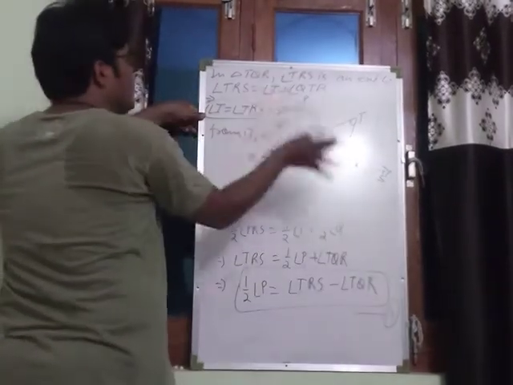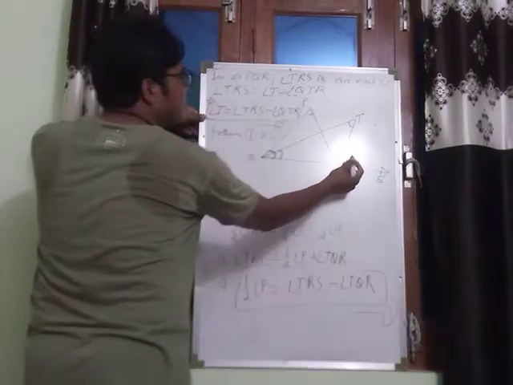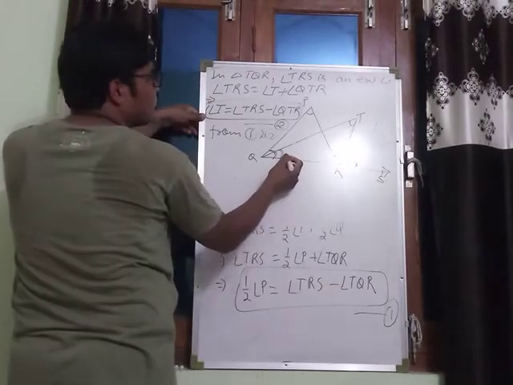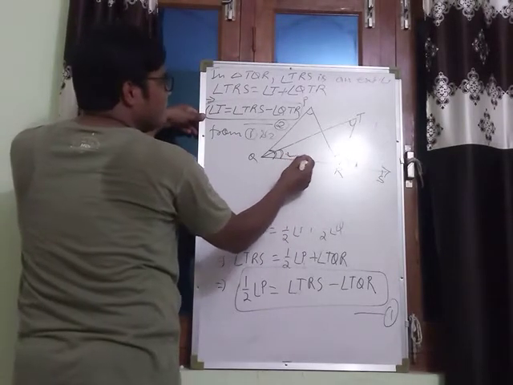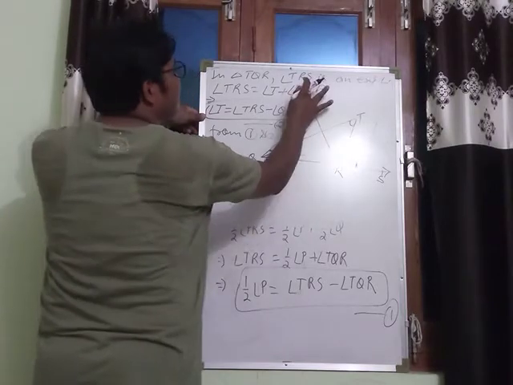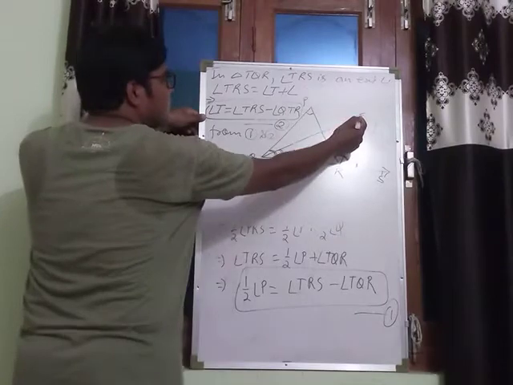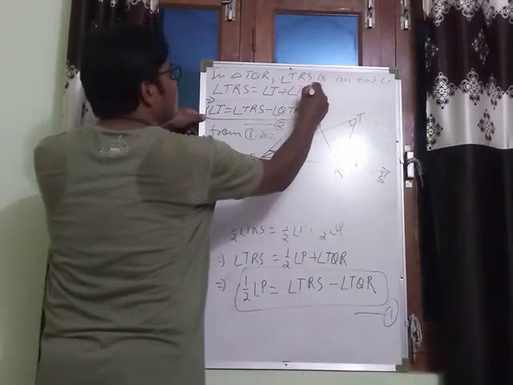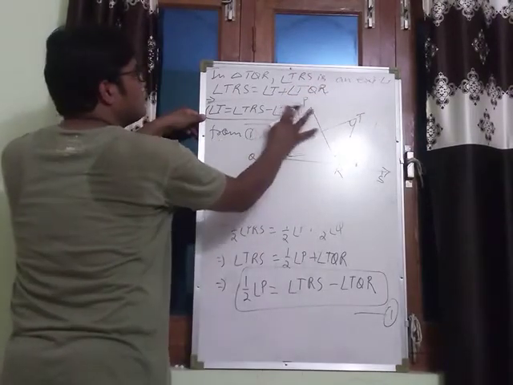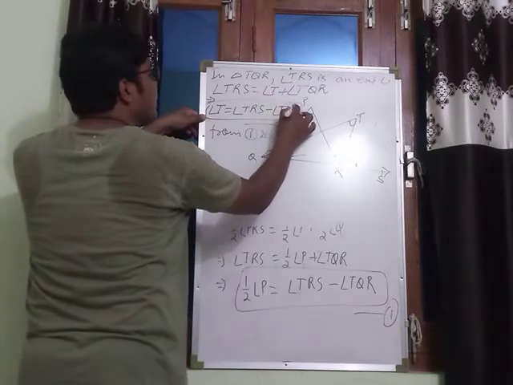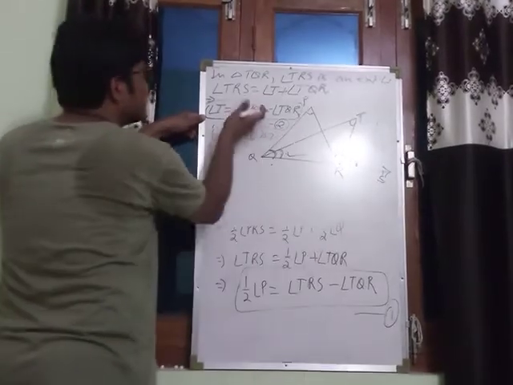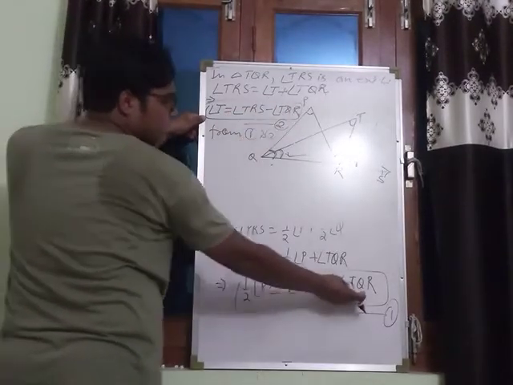Sorry, look at the blackboard. This angle is equal to this one plus this one, and this angle is TQR, and by mistake I have written here QTR. So this one is TQR. Now see their right sides, TRS minus TQR.